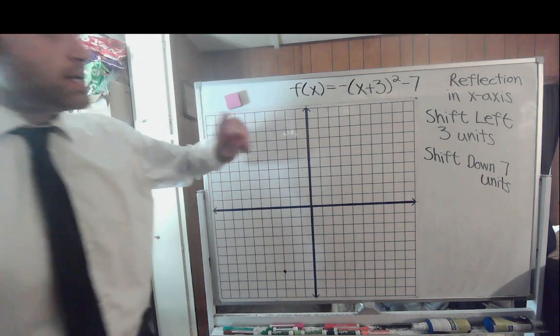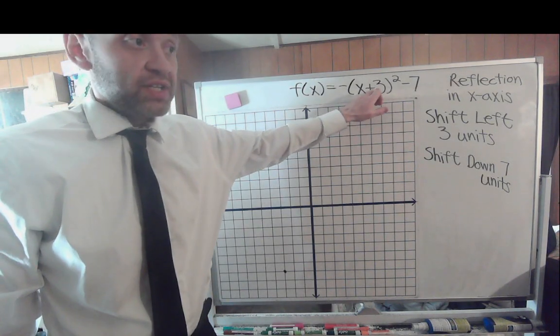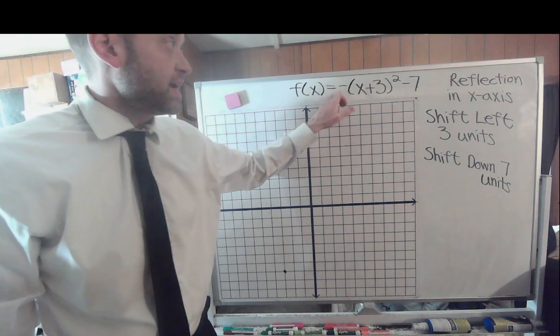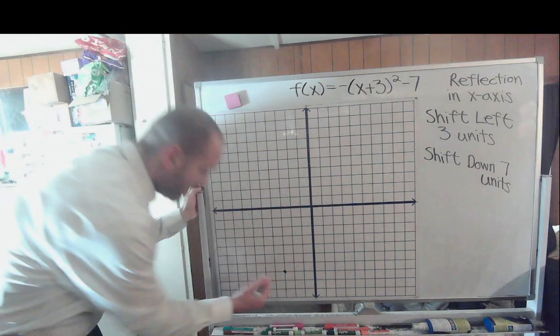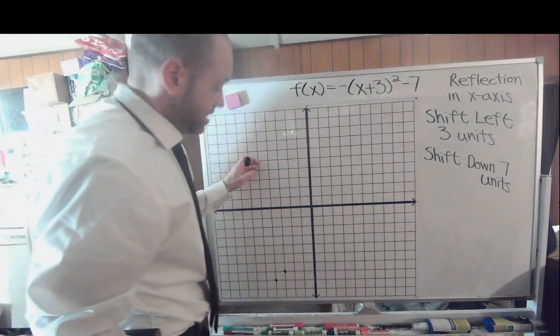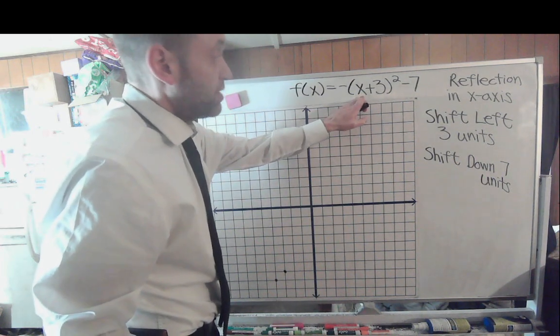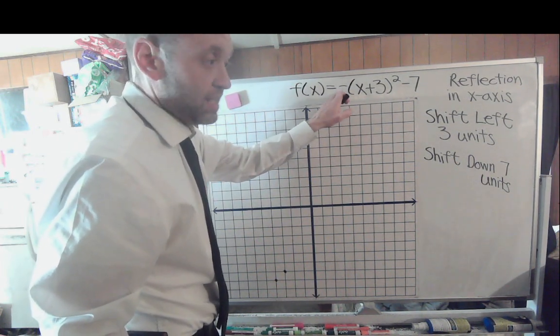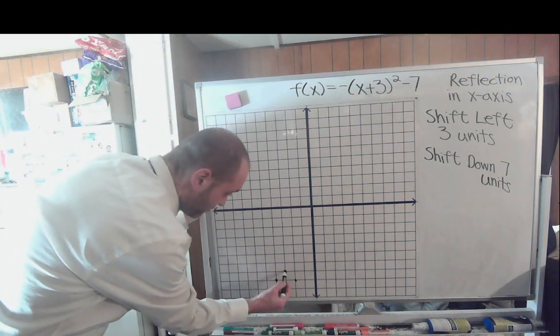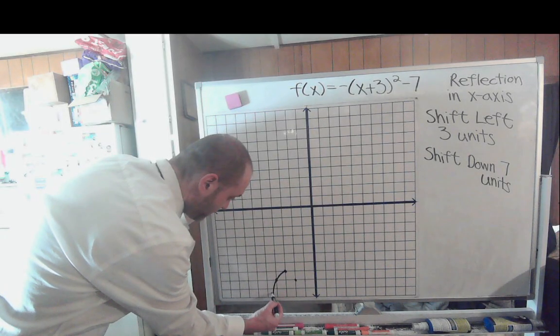Well, negative 4 plus 3 squared, that would end up giving me negative 1 squared, which is 1. I negate that, I get negative 1 minus 7, I'll get negative 8. Likewise, if I put in negative 2, I would get 1 squared, which is 1. Negate that, you get negative 1 minus 7, which is negative 8. And really, this is going to be your graph.